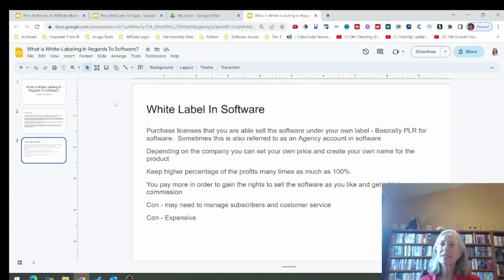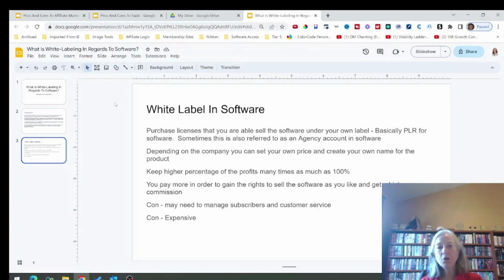So some of the downsides to this is that it requires a much bigger financial outlay initially. So I don't really recommend white labeling in software if you are a complete beginner to this industry, unless you've just got a ton of money that you can burn. So you want to pay attention to the software and really know the software, like the software, and things like that.